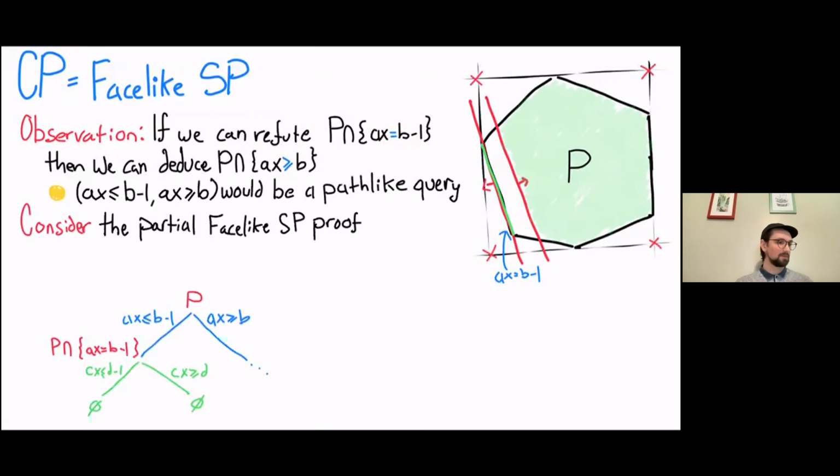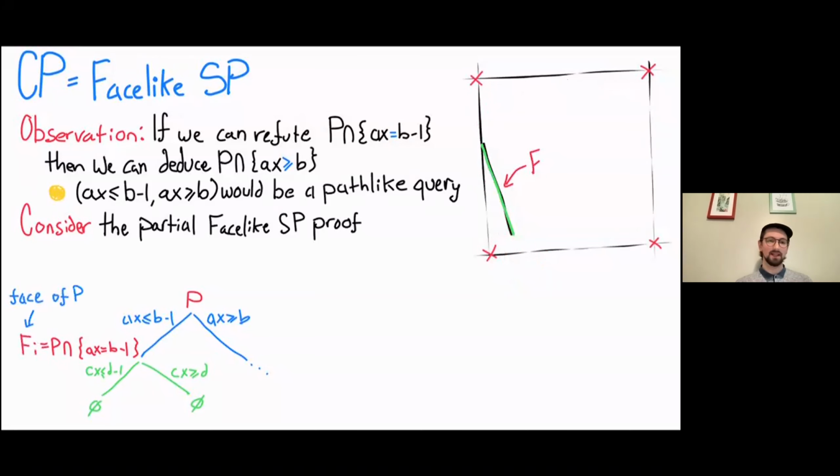Okay, so here's an example of some proof. We query ax greater than or equal to b, and then on the left node, we query cx greater than or equal to d. And we're going to say that here F is going to be the face of the polytope. Please interrupt me and ask any questions if something is not clear.